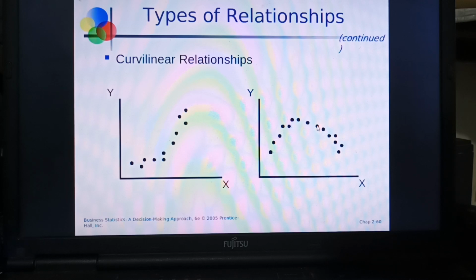Much more here. The curve is more clear, more pronounced. These are examples of curvilinear relationships.